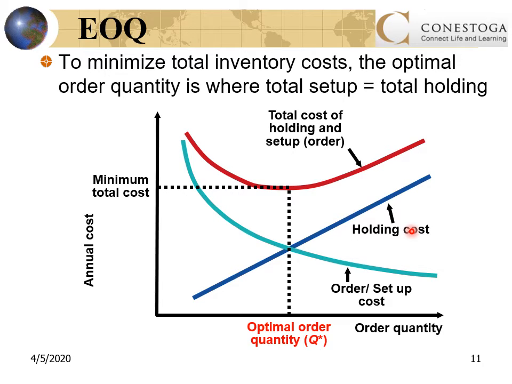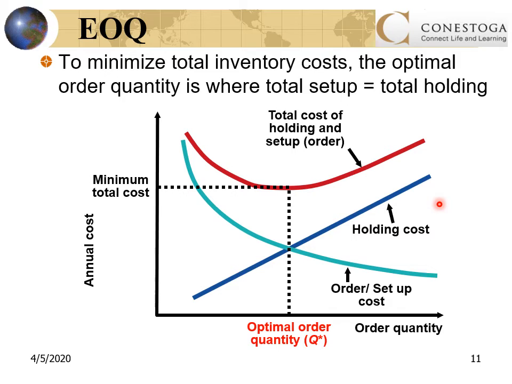In such a situation, remember that my holding cost is going to be very high, because the quantity is so high that I need a large space for holding 40,000 notebooks. This is the first option, and that's what this blue line represents.